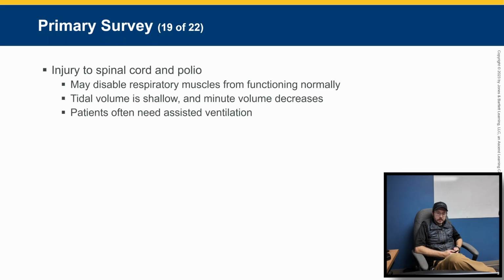Then we have polio. Well, it's not just a hyperbaric chamber. Those things they used to put them in, called the iron lung, would form a vacuum which would suck the chest out, and then they would release the vacuum, which would allow them to exhale.